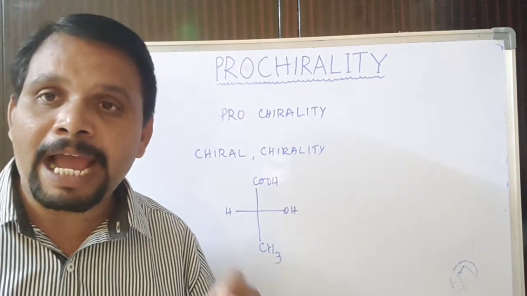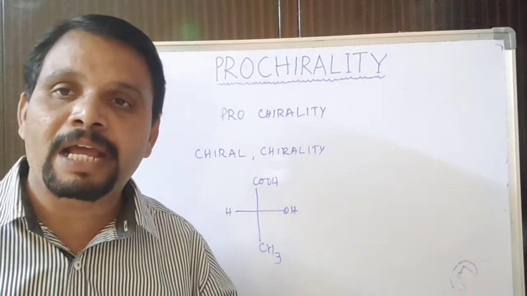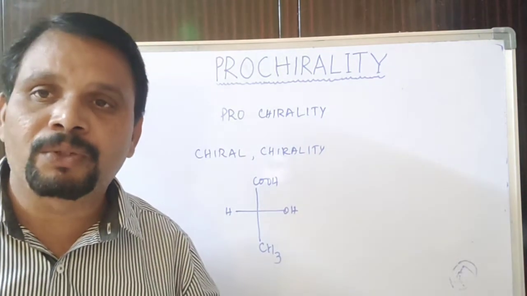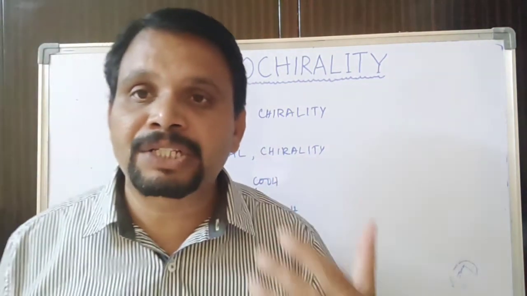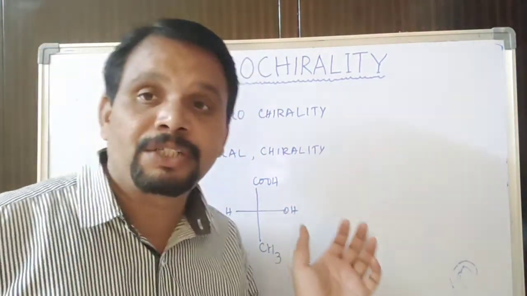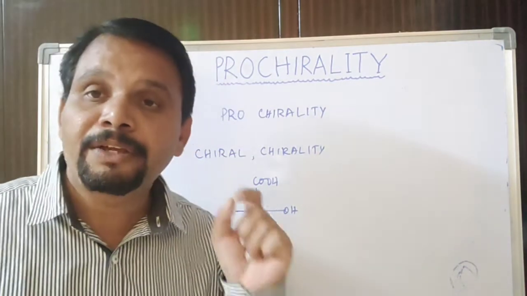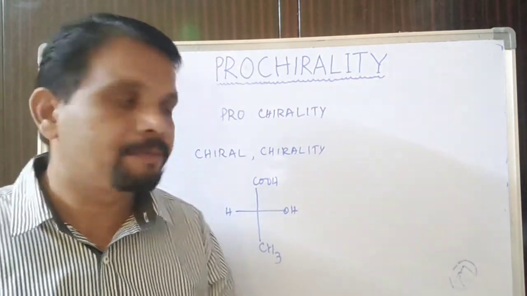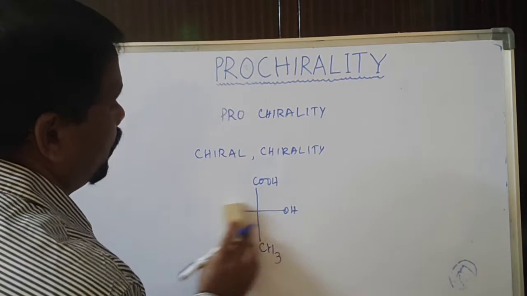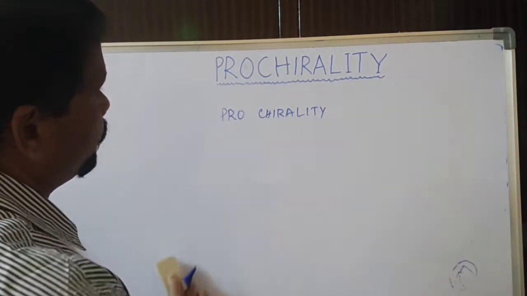If it is optically active, that molecule is considered a biologically active molecule. We need biologically active molecules in chemistry, especially in the field of medicine, right? The majority of drugs are optically or biologically active, and the reason they are biologically active is chirality. So it is very important to understand chirality.